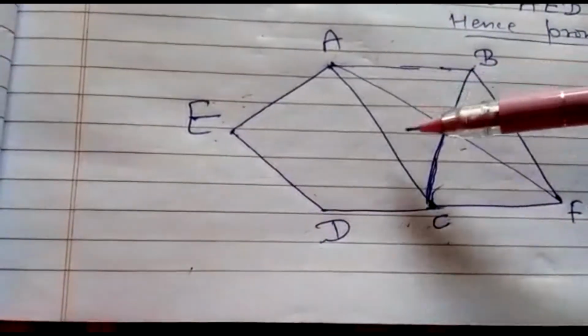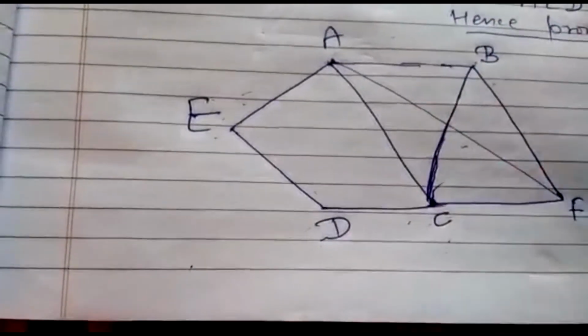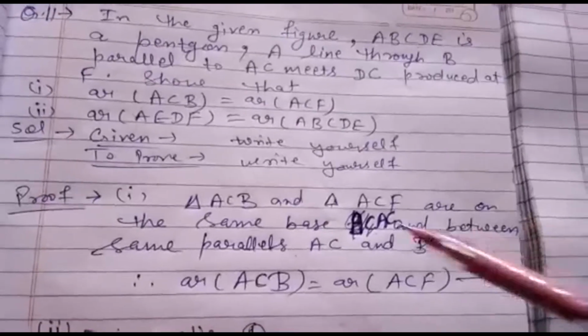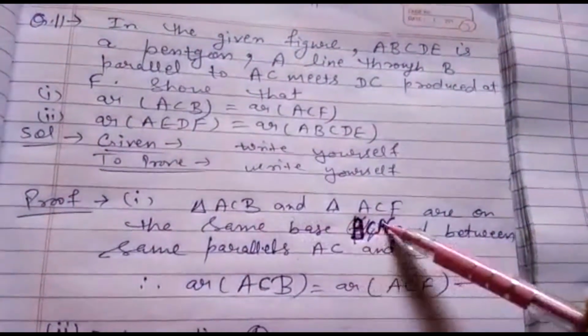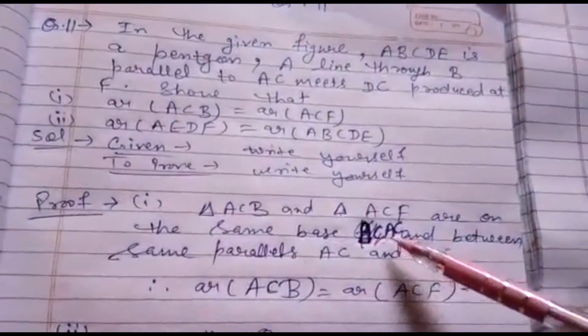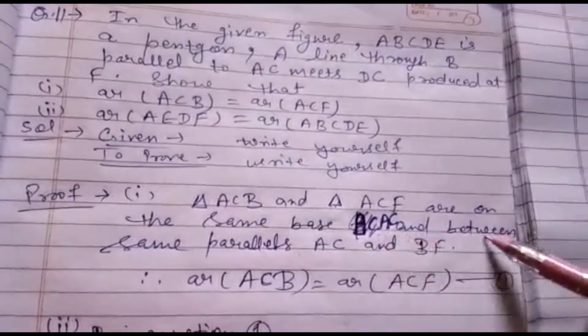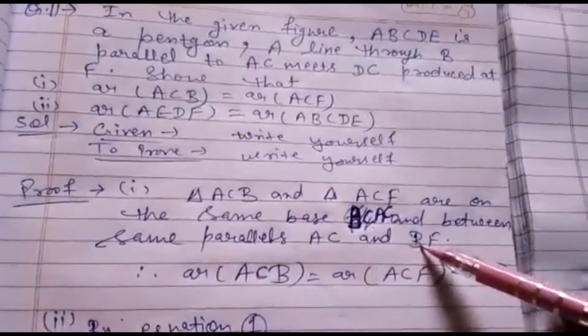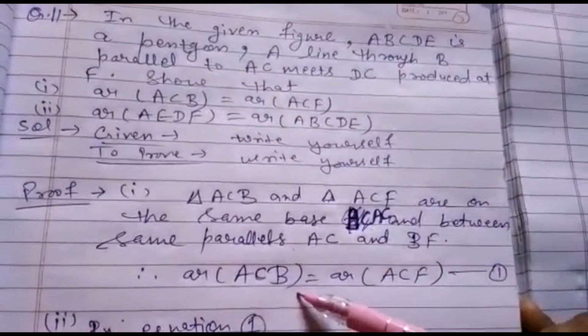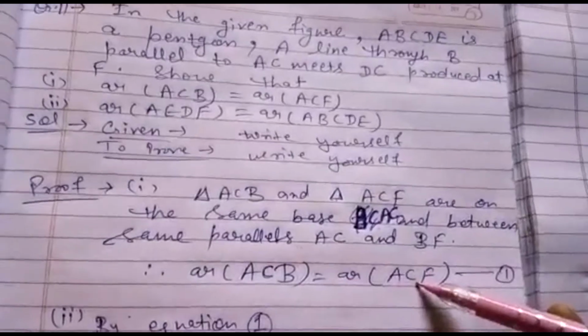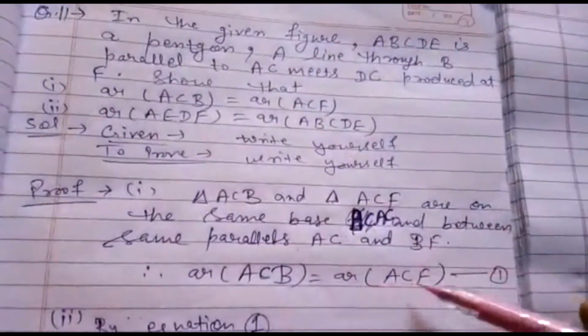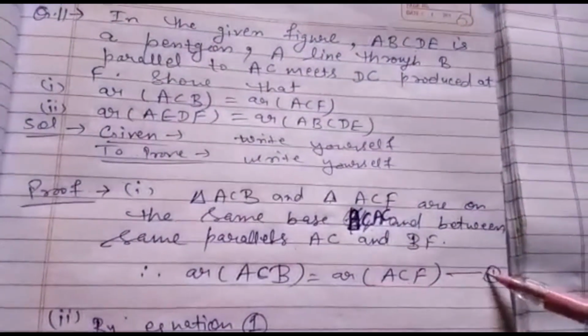Then the area of both triangles will be equal. Here it is written: triangles ACB and ACF are on the same base AC. By mistake it was written BC here; it is AC. And between the same parallels AC and BF. Therefore area of ACB is equal to area of ACF. Now the first part is proved, and we will name this the first equation.